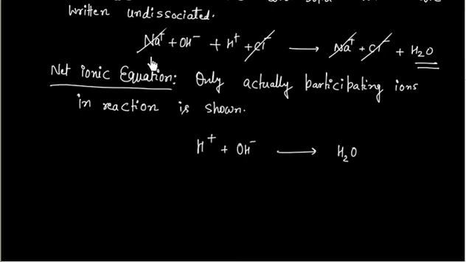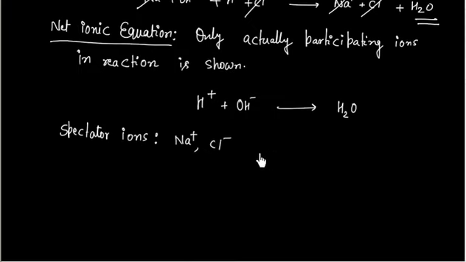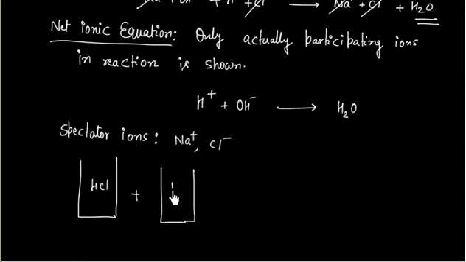This kind of ion that simply cancels is called a spectator ion. So in the above case, the spectator ions are Na+ and Cl-. Now what is a spectator ion? You have a solution of HCl, which is H+ plus Cl-, and a solution of NaOH, which contains Na+ plus OH-.